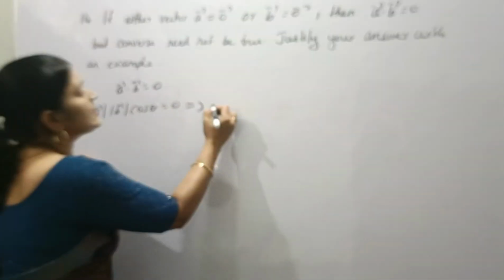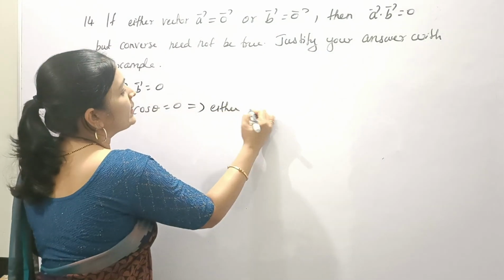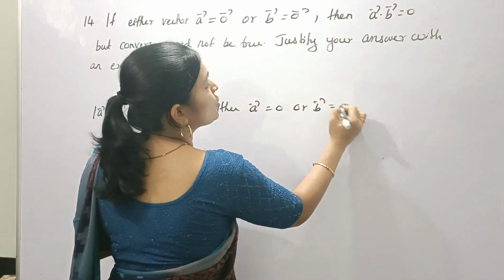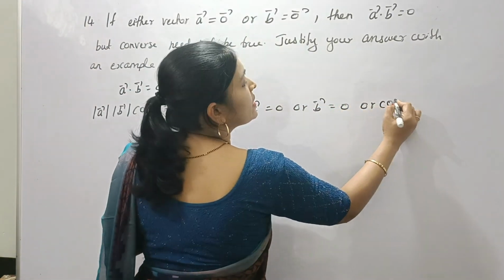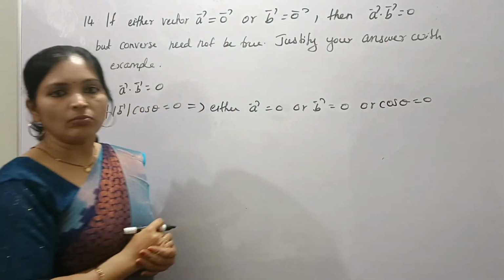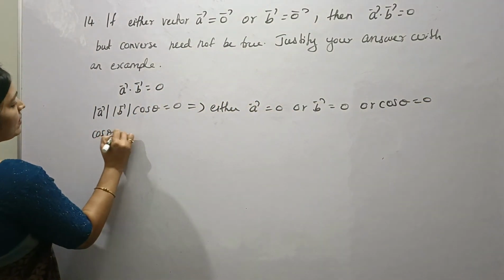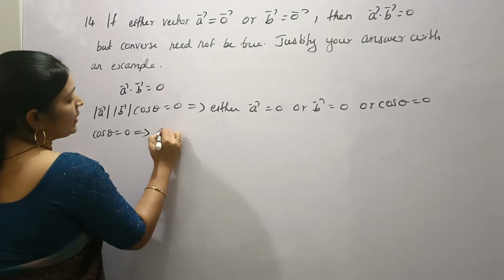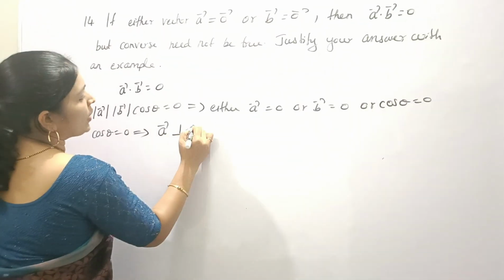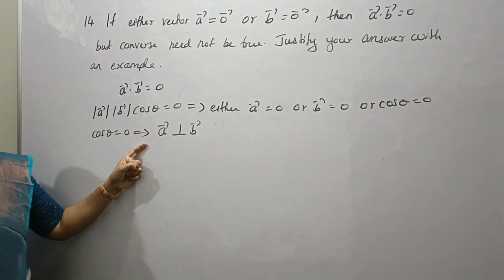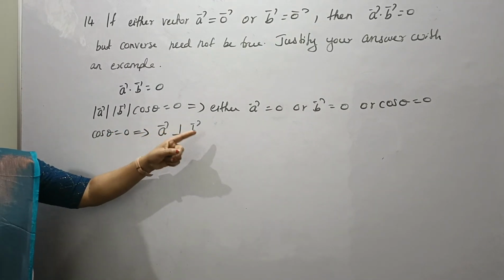This implies either vector a is equal to 0 or vector b is equal to 0 or cos theta is equal to 0. So, cos theta is equal to 0 implies vector a perpendicular to vector b.